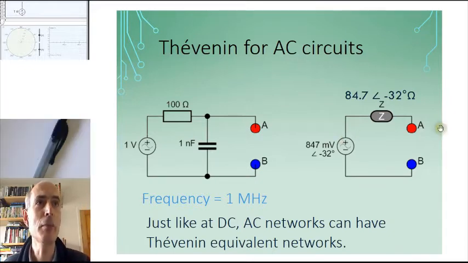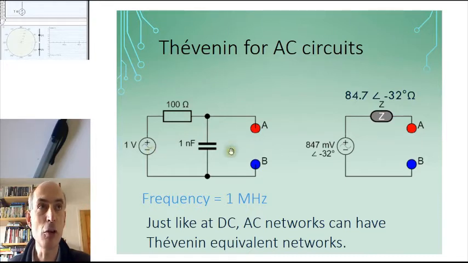So, in this case here, we have an AC circuit going at 1 MHz with a voltage source here that we can represent by a phasor of just 1 volt, and that would produce this. And we do it in exactly the same way that we derive a Thevenin equivalent network for a DC source. We work out the open circuit voltage, which you can get from the potential divider equation in this case, and we set the sources to 0 and work out the impedance between A and B. In this case, that would just give us the 100 ohm resistor in parallel with a 1 nanofarad capacitor.